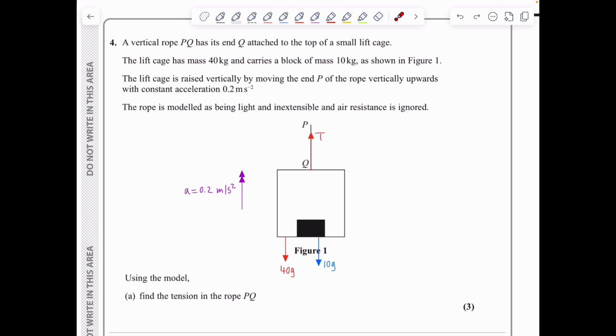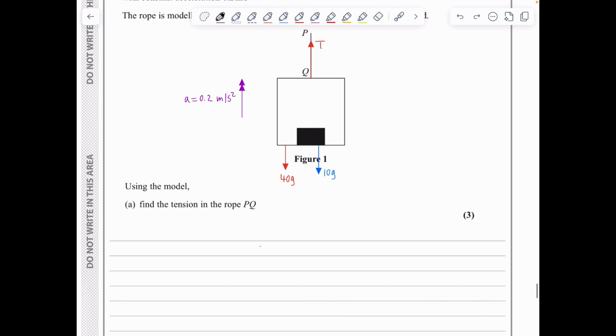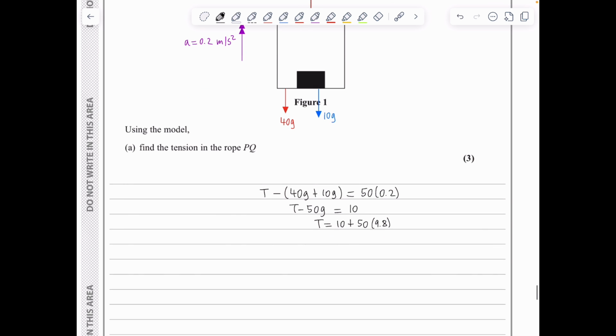So I'll be doing forces acting upwards, which is T, minus forces acting downwards, which is 40g plus 10g, being equal to the combined mass of 50 kilograms times the acceleration of 0.2. So we're looking at T minus 50g being equal to 10, and therefore T is 10 plus 50 times 9.8. And if you plug this on the calculator, you get that T is equal to 500 newtons.